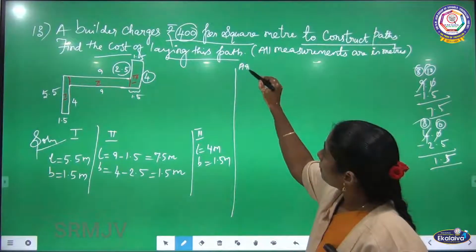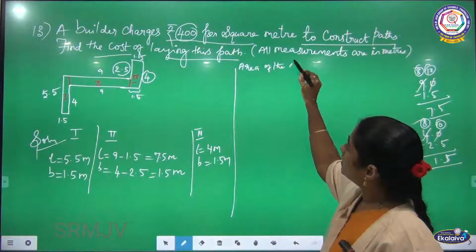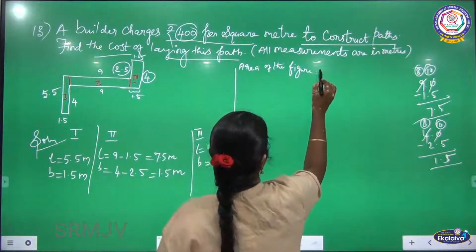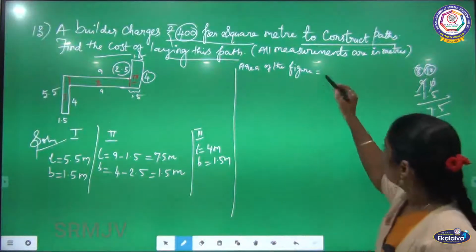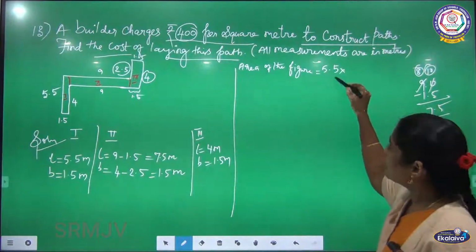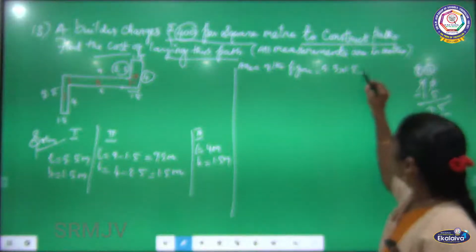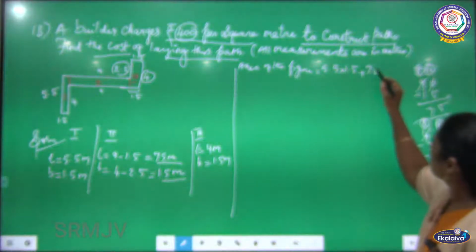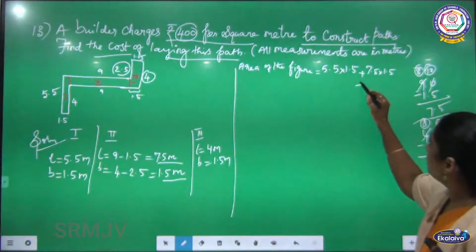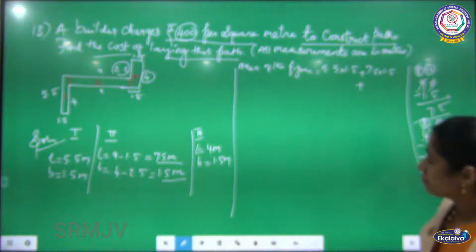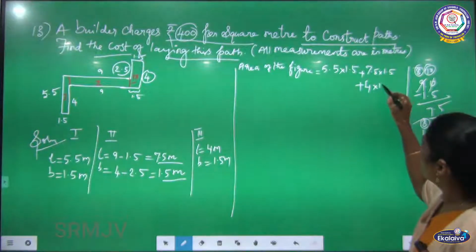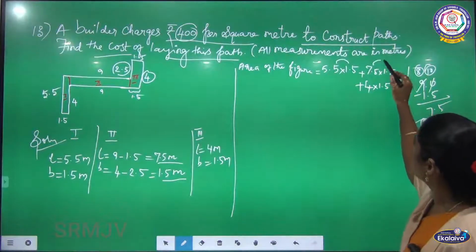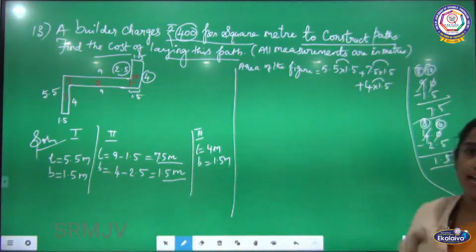So listen, area of the figure is equal to length into breadth: 5.5 into 1.5 plus 7.5 into 1.5 plus 4 into 1.5. Listen children, now I am going to multiply these and add.